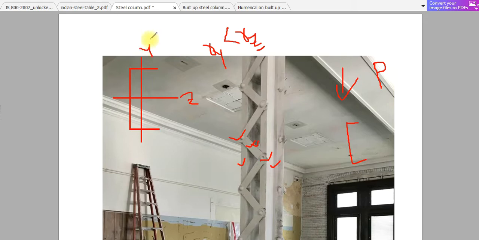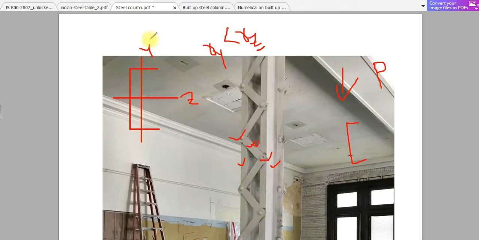So when the compression load is greater, this type of column will fail about this y-axis. So what alternative arrangement can we use to carry the required amount of load? We have to go for the built-up column.